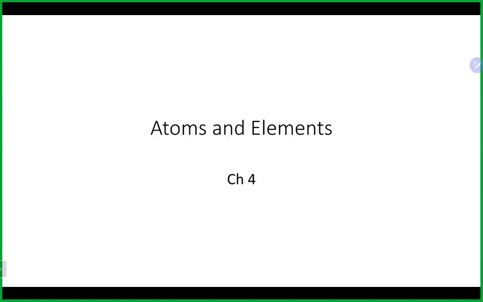All right, so last time we finally finished up chapter 2 talking about conversions and density. So in this chapter, we're going to talk about really the atom. We're going to talk, not in great detail, but we'll touch upon some of the experiments that led to our understanding of the atom and the different parts of the atom.